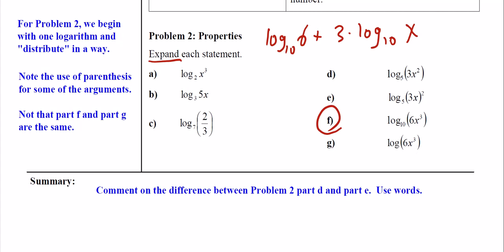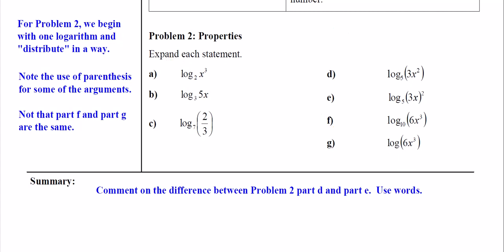Part G. Part G doesn't have a base, does it? If you don't write the base, it's a base 10. Do you have to write the base 10? No, you don't. We can go ahead and take care of this. The 3 belongs to the x only. If it helps, put a dot in between.